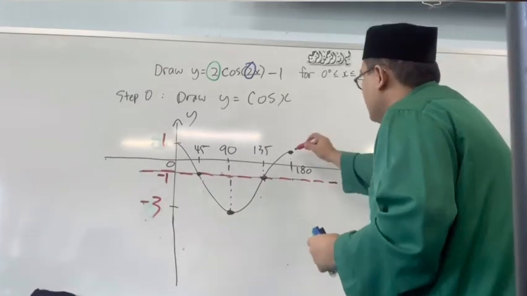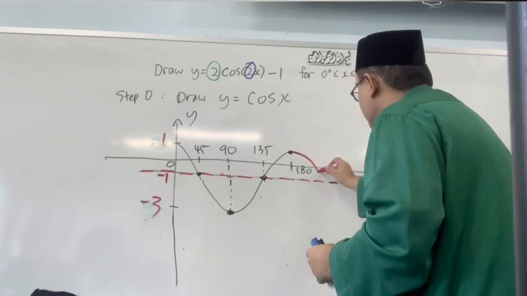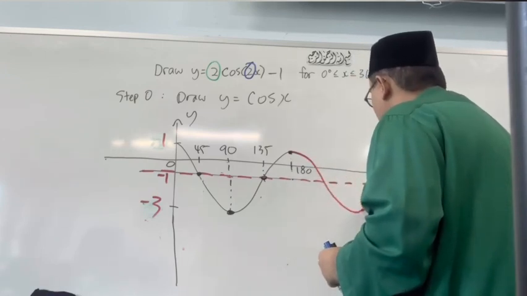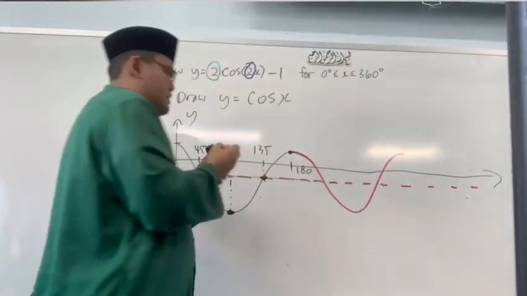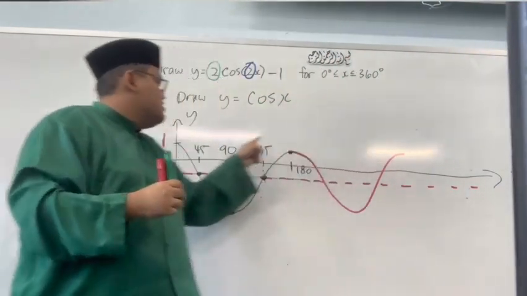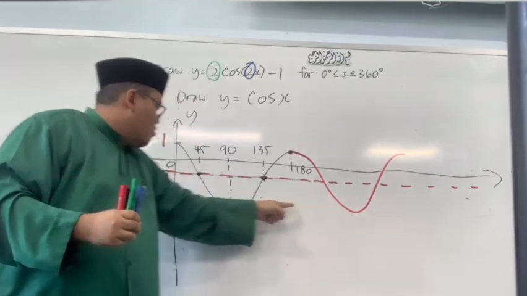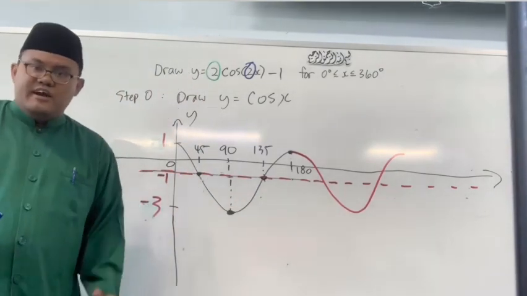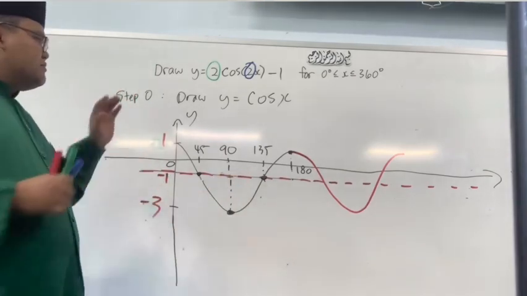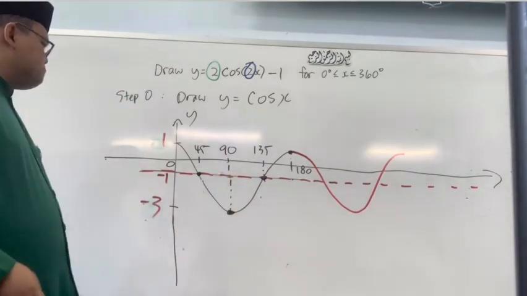So you draw something like that. Make sure the highest point is at 1, the lowest point is at minus 3. Okay, make sure it's level. Okay, I know it doesn't look like that. Okay, but this for me to show it.